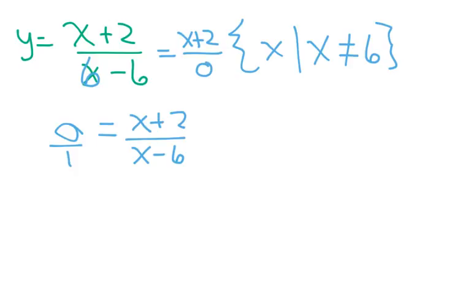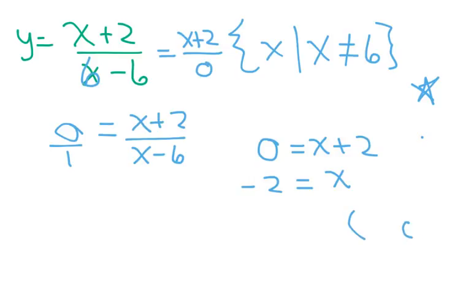We can put that in fraction form. So we're going to get 0 equals x plus 2, so x is negative 2. This problem is important because we'll be going over this a lot in chapter 3. So basically, when y is 0, x is negative 2.